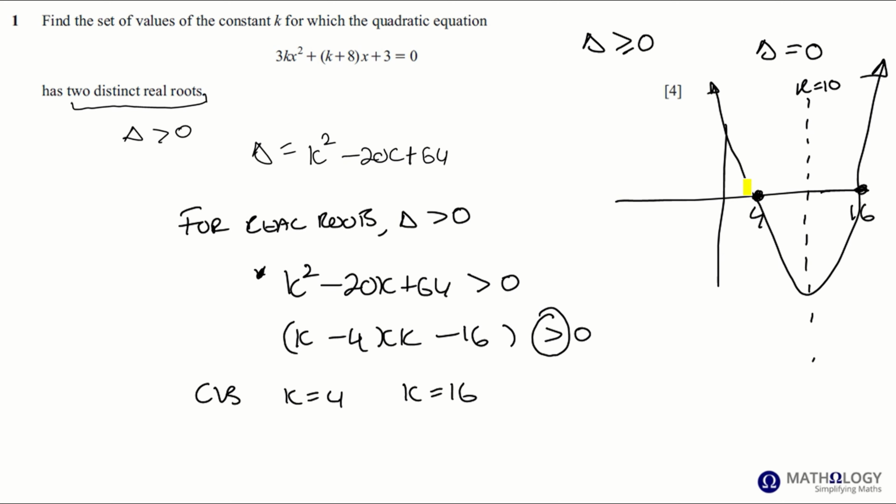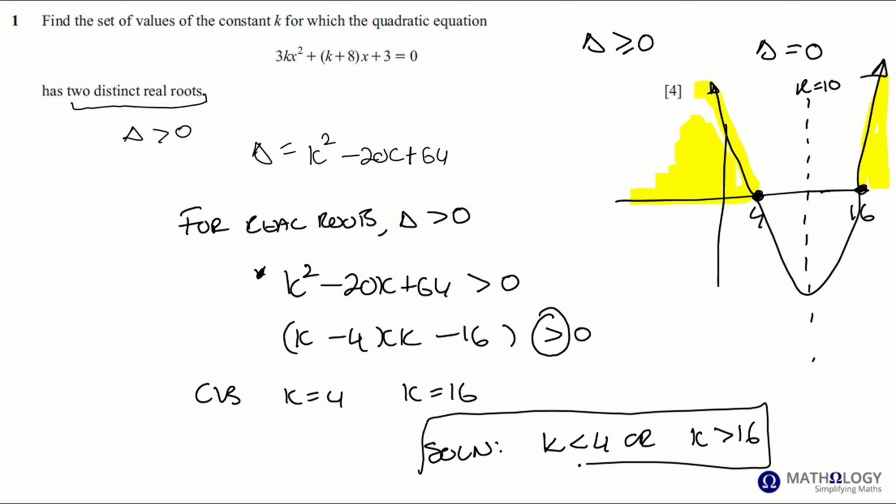That happens to the left of 4 and to the right of 16. So the solution to the quadratic inequality is k is less than 4 or k is greater than 16.